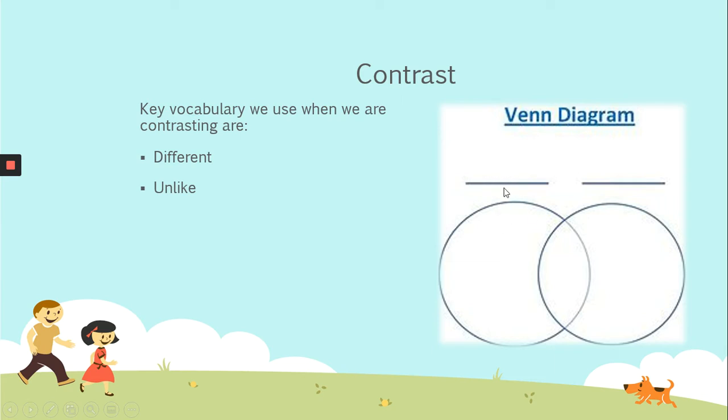For example, if we had car and truck, we will write what cars have on this side that trucks don't have. And on this side, we will write what trucks have that cars don't have. In the middle, we will write what's the same.